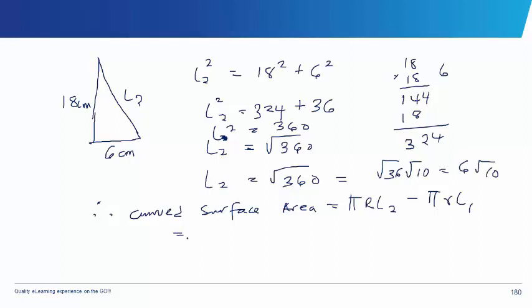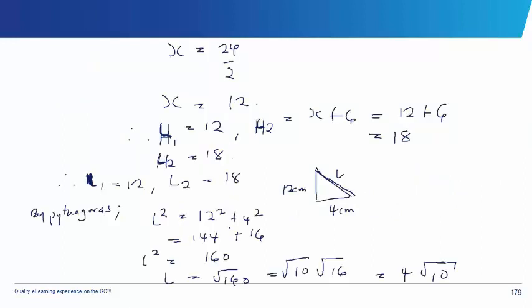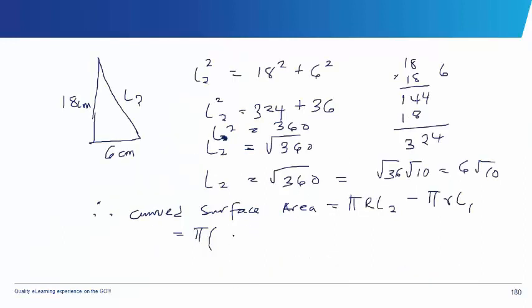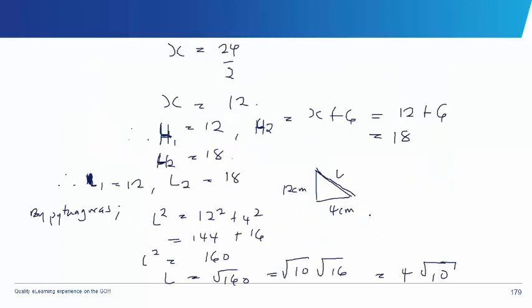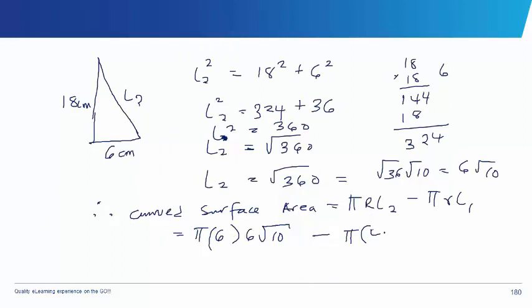Alright, we are not given pi, but the radius: the first radius there is 6 cm for the bigger pyramid, and L2 is 6 root 10, minus pi times the radius for the smaller pyramid, which is 4 cm, and L1 for the smaller pyramid is 4 root 10.